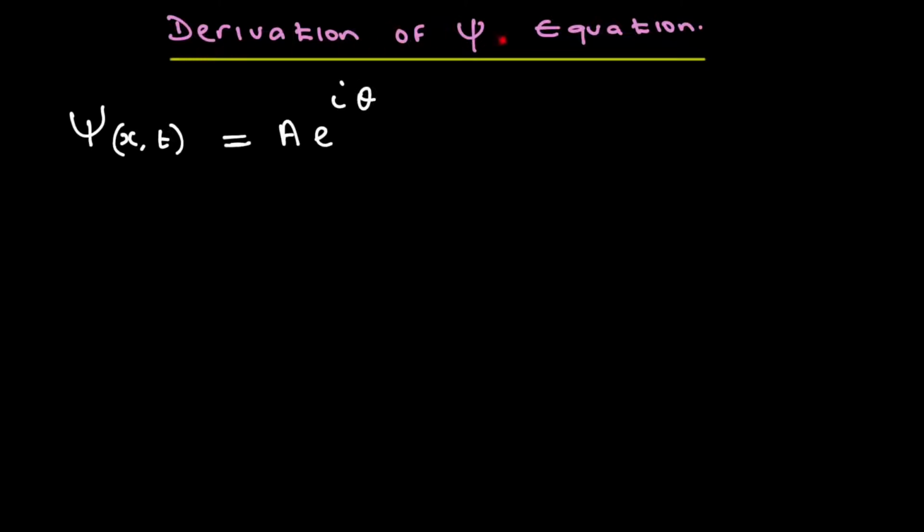So derivation of psi equation. Psi, or wave function equation. Psi is a wave function, written as psi of x and t, and it is a wave function for a particle behaving as a wave.